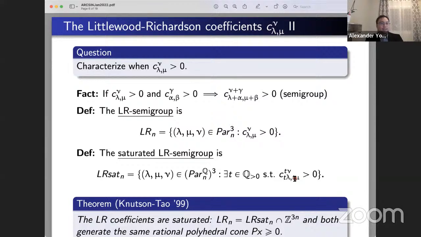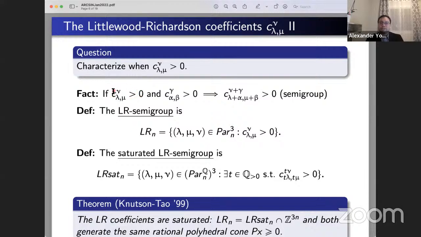Okay, I want to understand the structure of when these numbers are non-zero. And the first thing that you can deduce from the LR rule, the Littlewood-Richardson rule, is that these numbers form a semigroup. What I mean is that imagine lambda mu nu, this is a triple of partitions. Let me just call that a triple to save my breath. Suppose I have a triple where you have a non-zero coefficient.